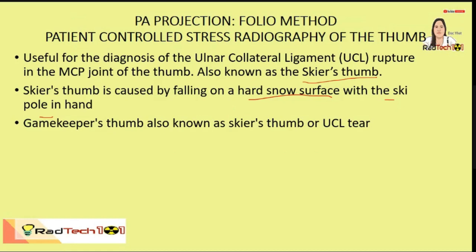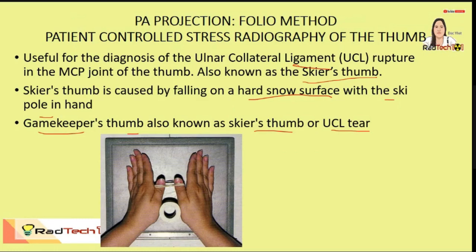So it is also known as gamekeeper's thumb or skier's thumb or the UCL tear or the UCL rupture. Ito siya. So yung mga gamekeeper dun sa mga hindi, baseball ba yon? So, pwede silang magkaroon ng gamekeeper's thumb. Hindi na skier's thumb ang tawag doon.